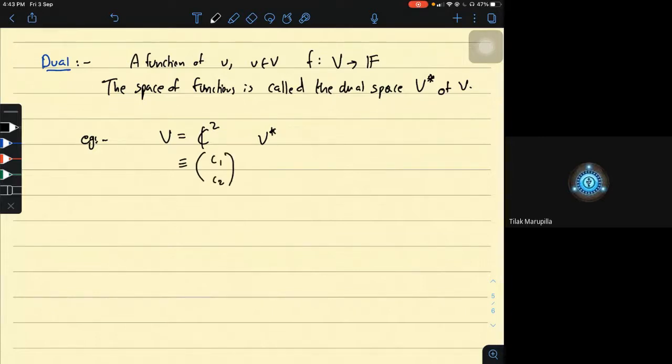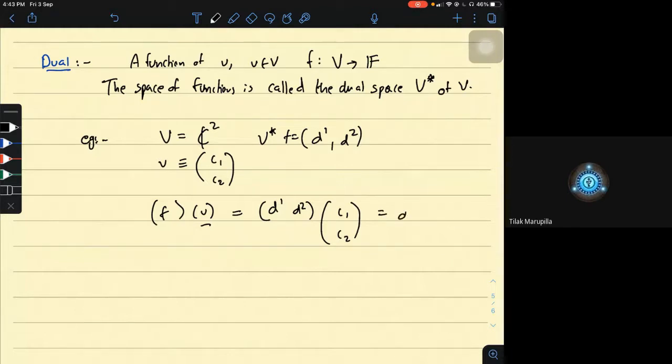The dual space, one possible dual space is I can take all the duals of this form, such that when I apply, say this is f is equal to this, if I apply f on the element v, I can define my application, the function as a matrix multiplication.